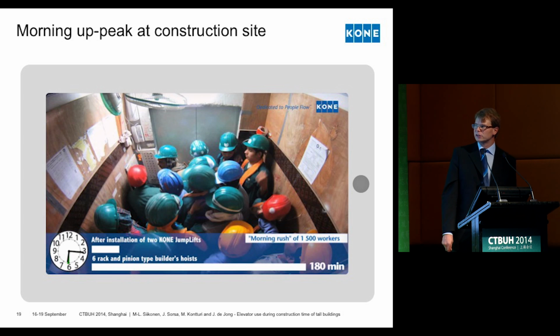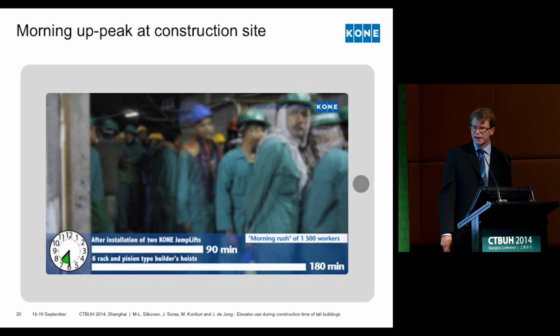So with this configuration, naturally, the jump lifts are fully occupied during the transportation, and in the end, the filling time for the building reduced to 90 minutes from the original 3 hours. So this kind of improvement in filling time was achieved by the higher speeds of jump lifts compared to these builders' hoists.